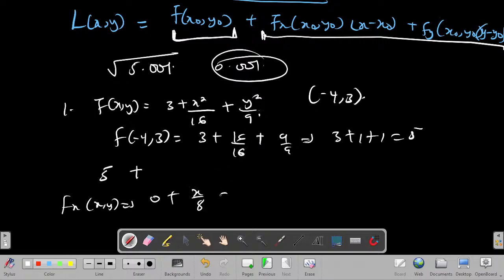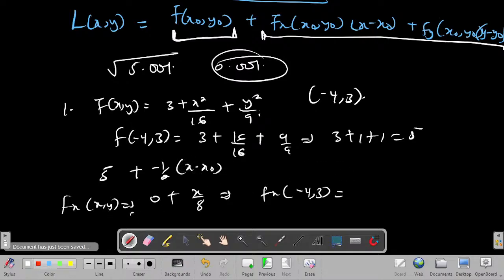The y term becomes 0. If you have x over 8, then f_x of negative 4 comma 3 is equal to what? You simply put your x here, and that is negative half. So here we get negative half multiplying x minus x naught.